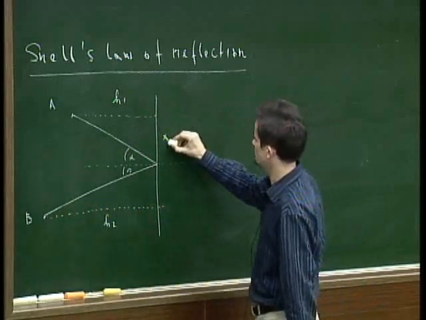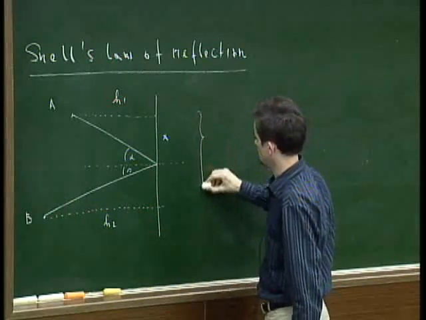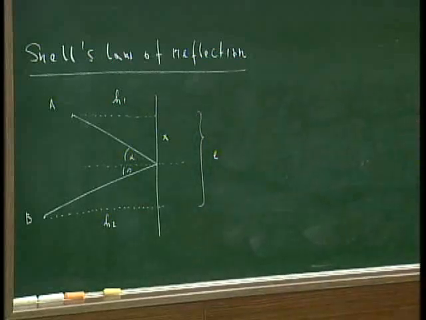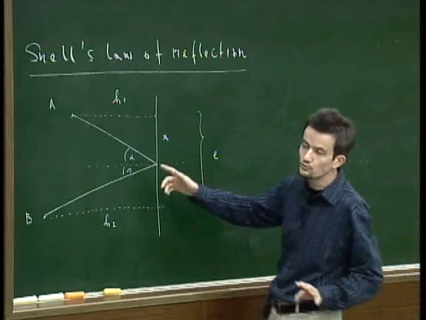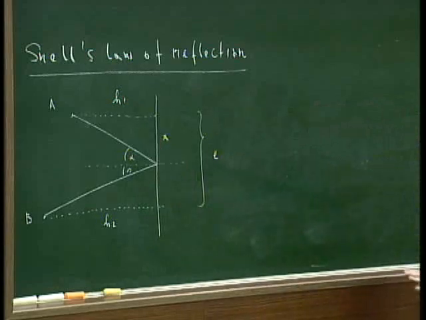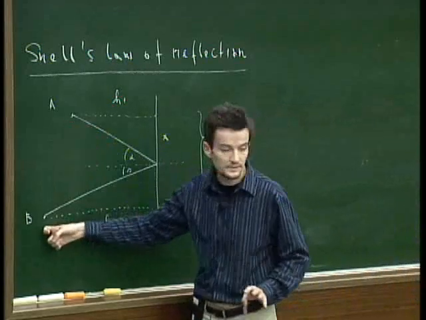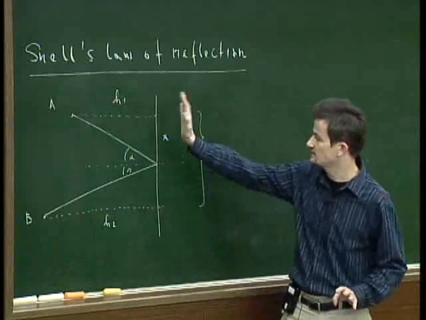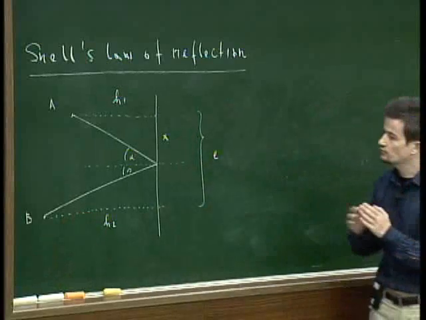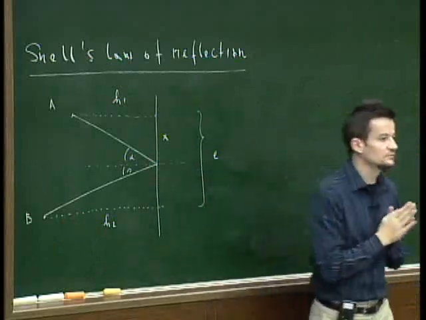Then let's say this is X here, and the whole length is L. Okay, now what I want to do is I want to prove Snell's law of reflection. I want to prove that if light is traveling from point A to point B and gets reflected at some media, then for those two angles I must have that alpha is equal to beta.